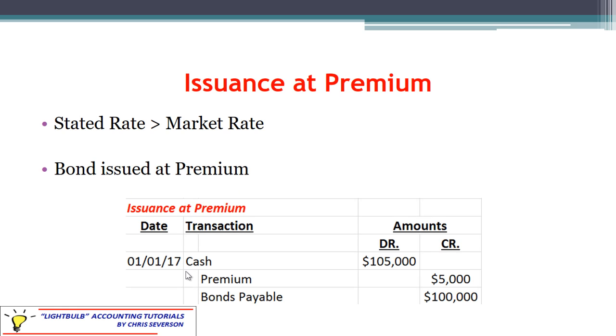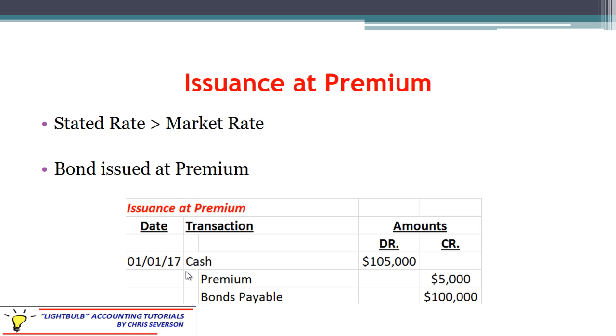But first, let's look at the opposite situation where we have an issuance at premium. This means the stated rate that we are paying interest at is more than the market rate where the average interest payment is. So what we would do here is we would be debiting cash for a higher amount. In this example, $105,000. Our bonds payable would still just be $100,000 credit.